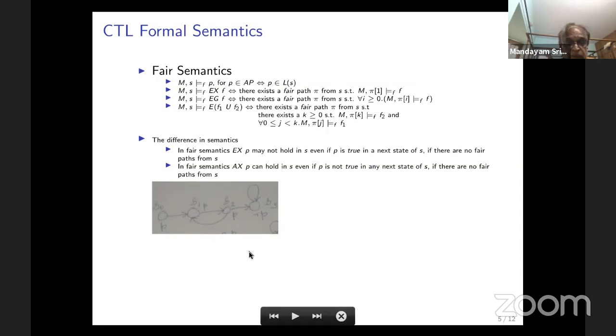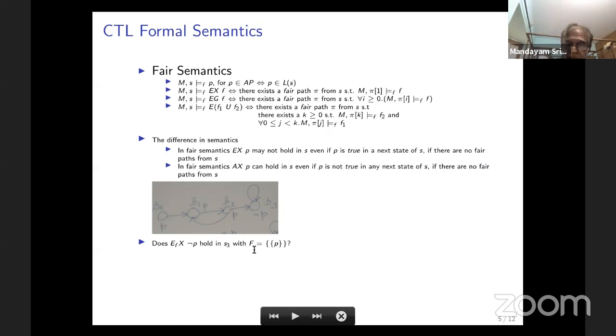Okay, so let's look at this toy running example that we have been seeing. In this, does EF of X of not P hold in S3 under the fairness constraint F, where F has this single constraint, P?